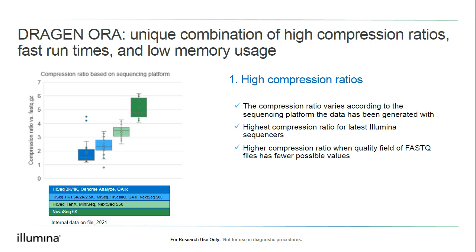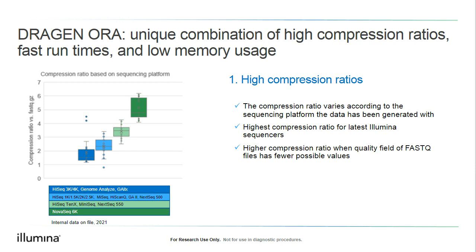What we are showing at the very top, giving us the highest compression ratio, are our newer instruments. So the NovaSeq 1000 and NextSeq 2000 are the instruments where, because of their two-color chemistry and how the quality metrics are binned, you would get the best compression ratio. And you can see that the compression ratio averages about 5x for the NovaSeq data.